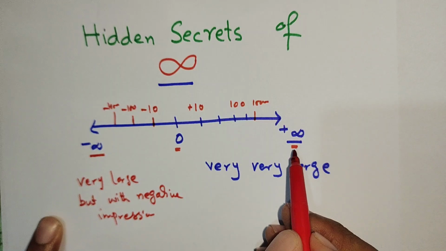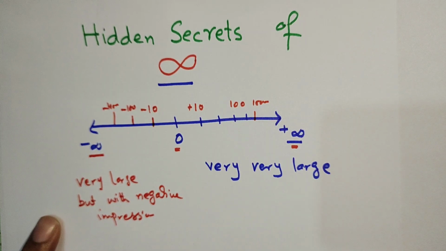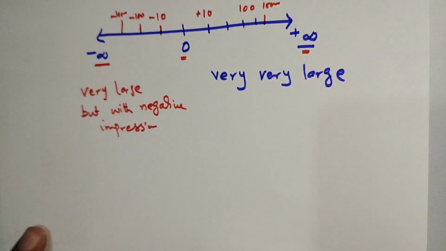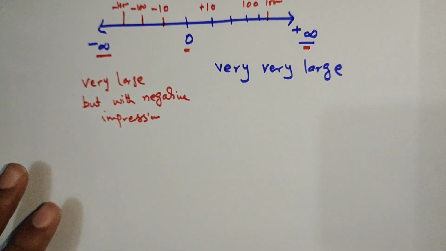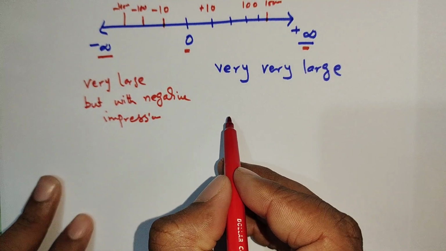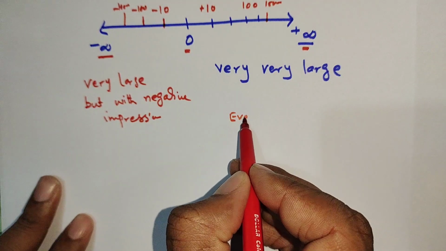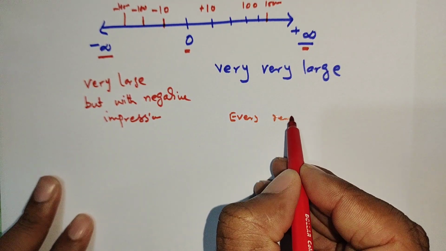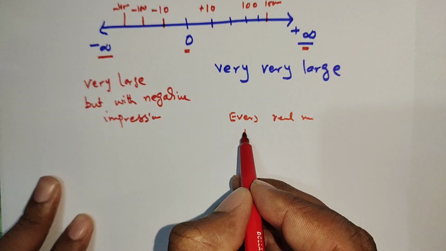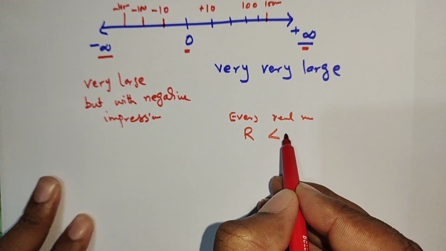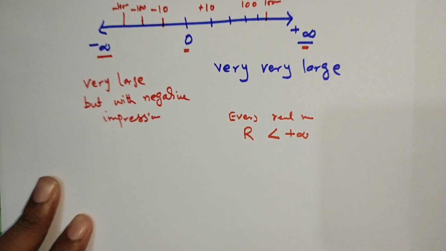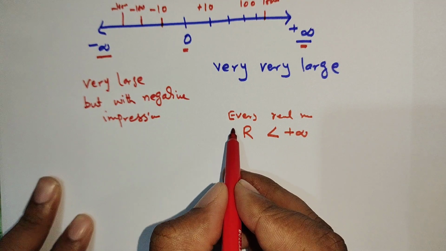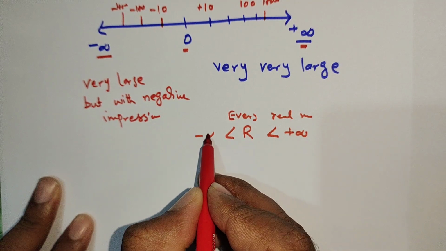In other words, we simply say that every real number R is always less than this one, and every real number is greater than this one.